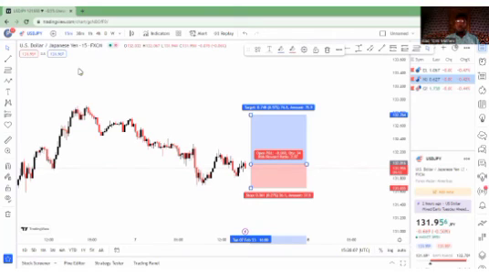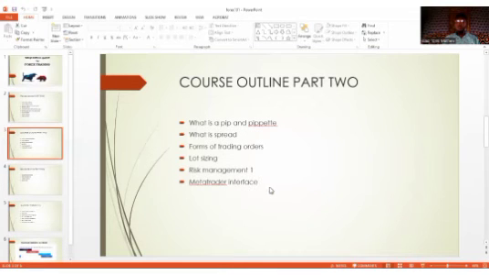And then the next thing we have in line is the MetaTrader interface. For those who are new to Forex and don't know what MetaTrader is, it is the application that you use to place your trade. You have your trade execution there.